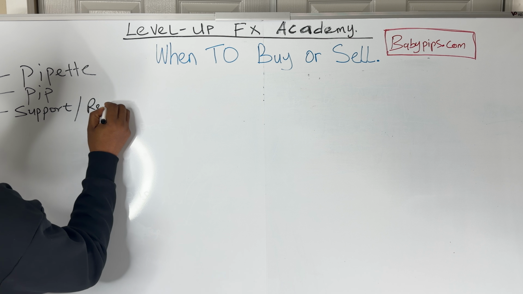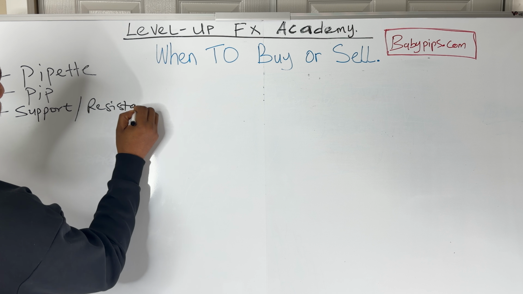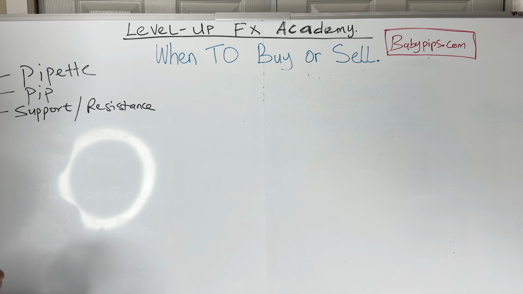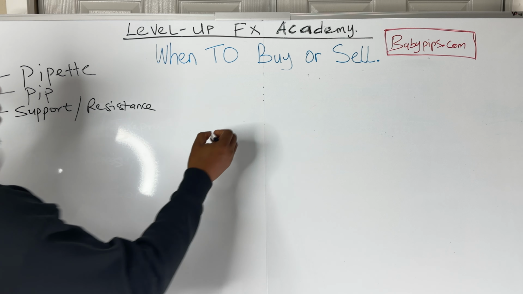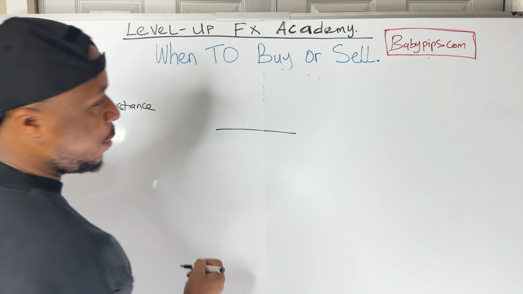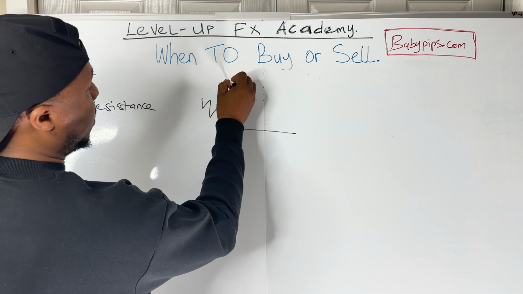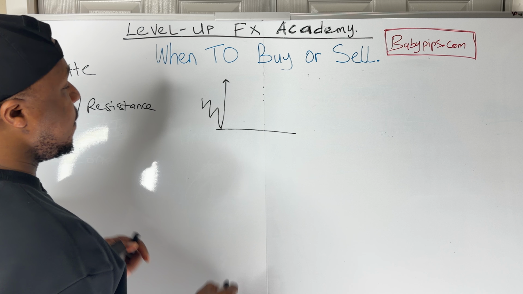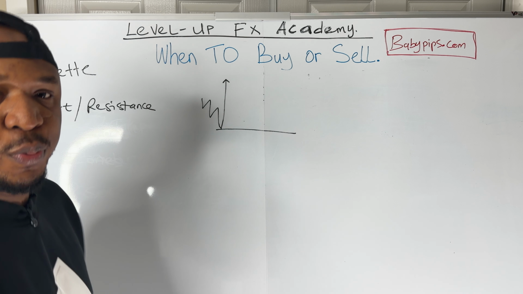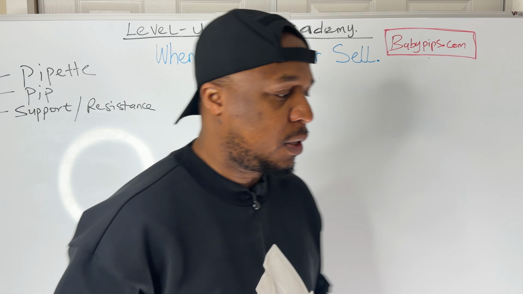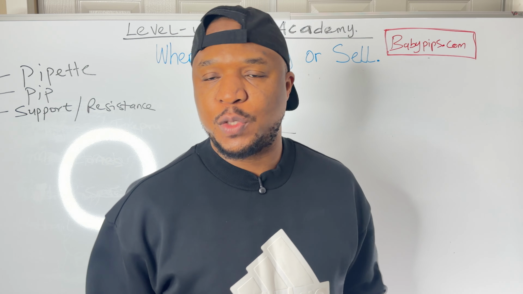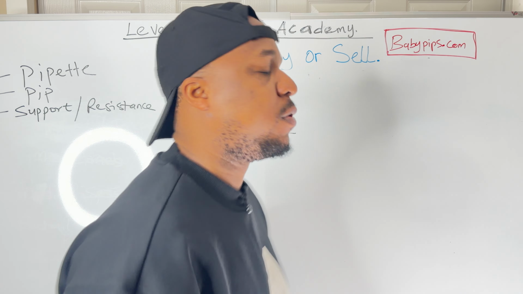Support is any level on the chart that when your price comes into it, it bounces up further. It gives you a support. It's like a spring, like when you are on a trampoline, a spring springs you up.